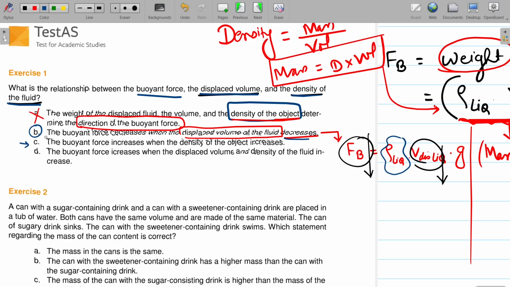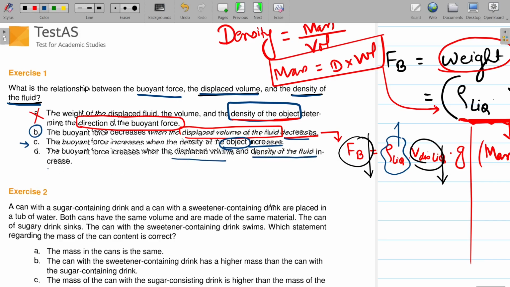The buoyant force increases when the density of the object increases. See, this is wrong. Not density of the object, it should be density of liquid, right? The last one: the buoyant force increases when the displaced volume and the density of the fluid increase.